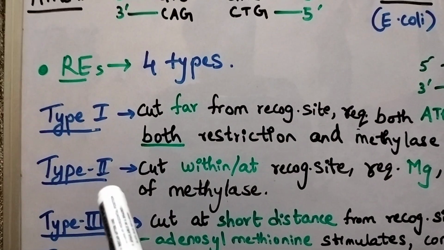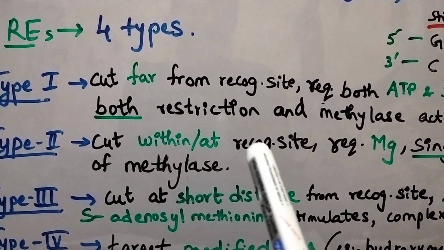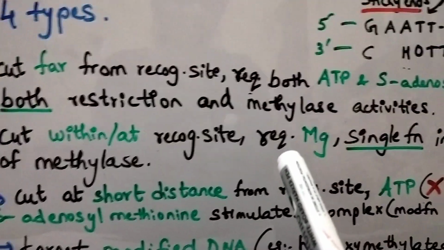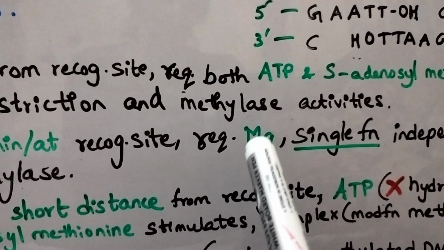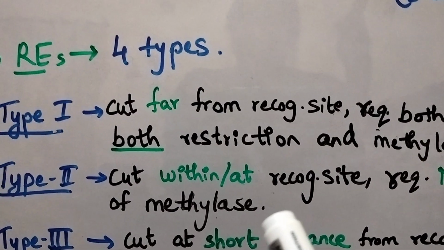The second type, type 2, cuts within or at the recognition site. They require magnesium for their function, and they have only a single function which is independent of methylase.